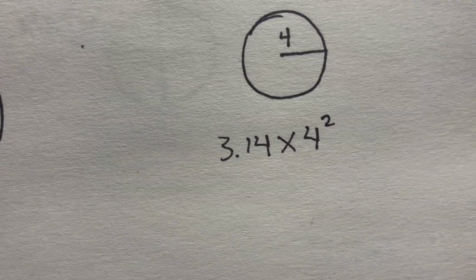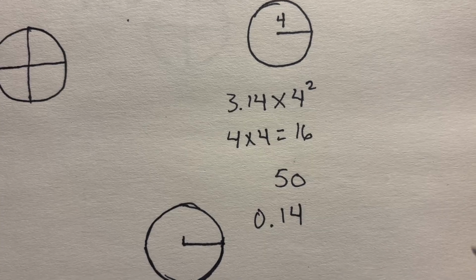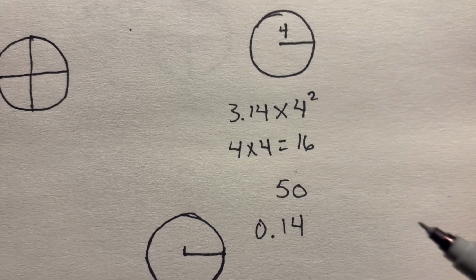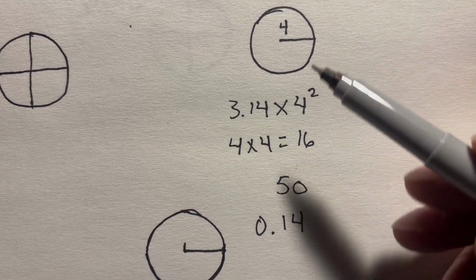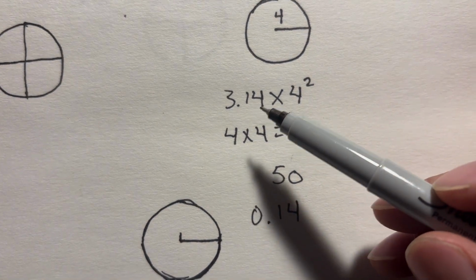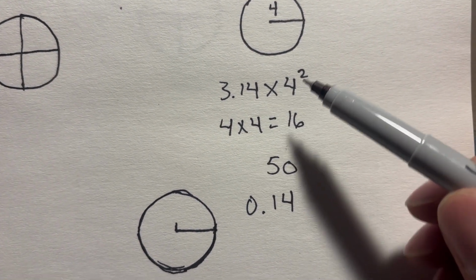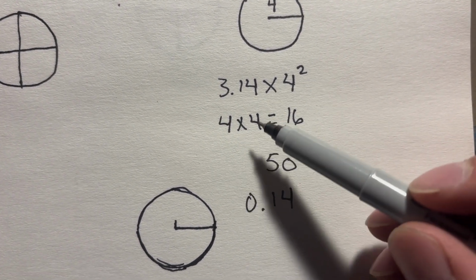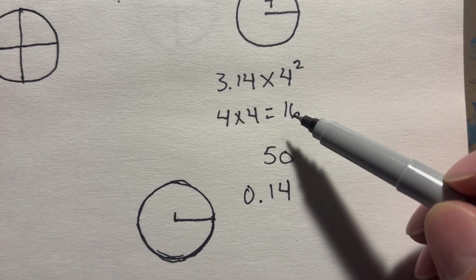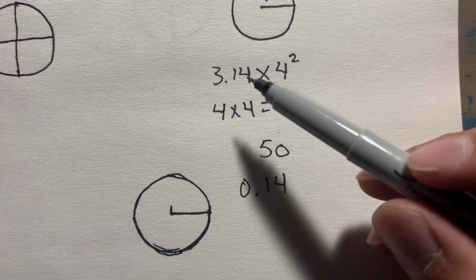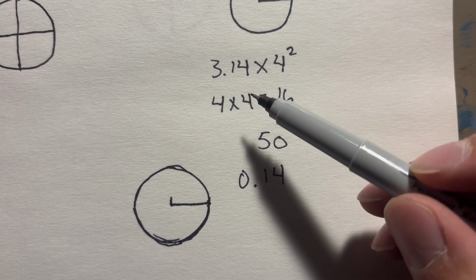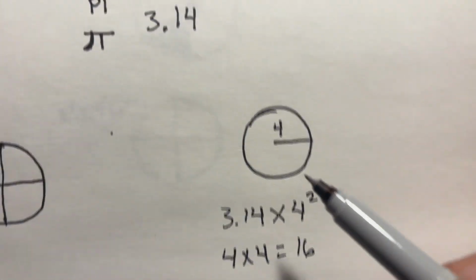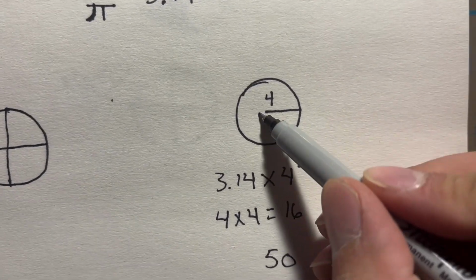I did the math, and had to use a calculator because we're using decimals. 4 squared is 4 times 4, which is 16. Then I multiplied 16 by pi. 16 times 3.14 is about 50. So the area of this circle is about 50 squared.